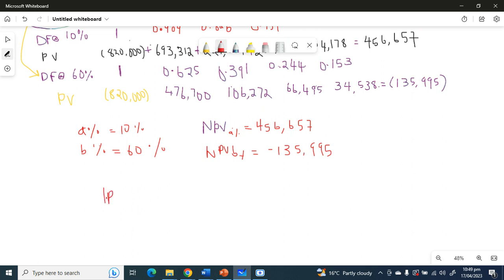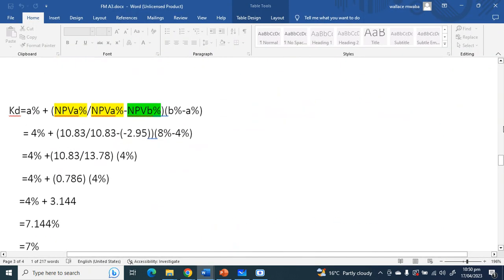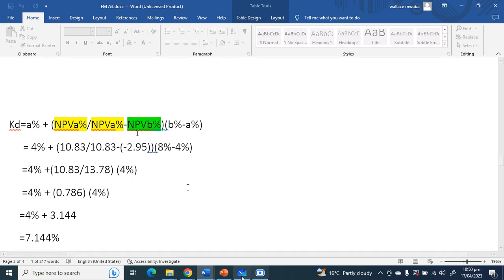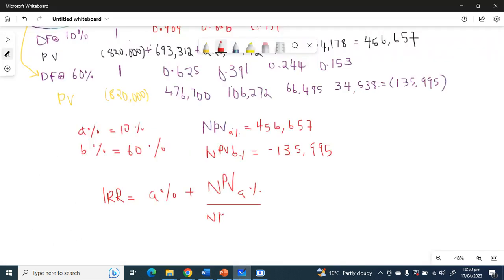The internal rate of return equals A% plus NPV A% divided by NPV A% minus NPV B%. Right, open brackets, B% minus A%.